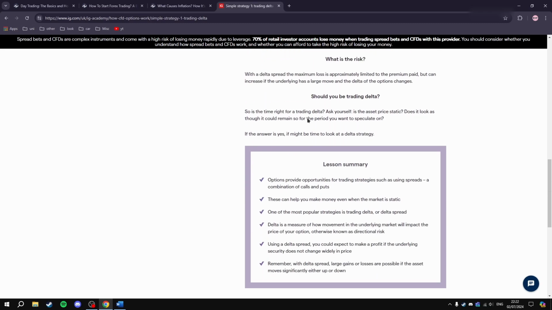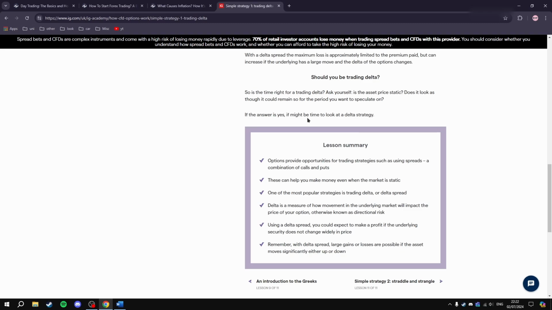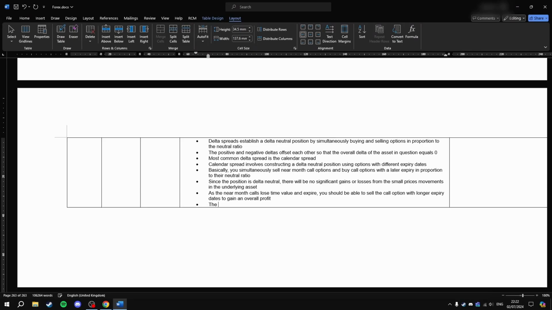What is the risk? With a delta spread, the maximum loss is approximately limited to the premium paid, but it can increase if the underlying has a large move and the delta of the option changes.